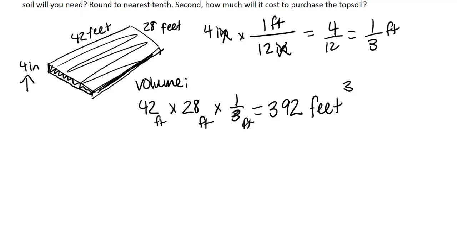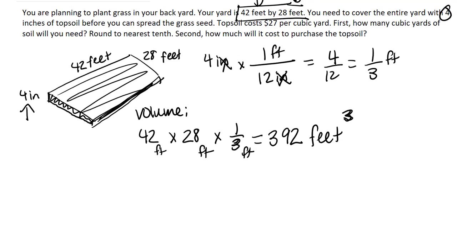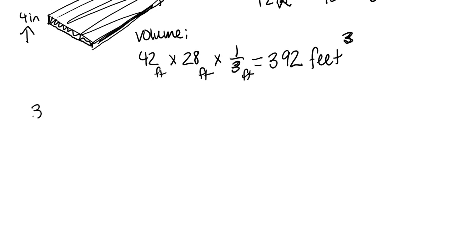So we have 3 feet, so 3 copies, so that's feet cubed. So now we found our volume. But we need it actually in yards, because we know in order to purchase topsoil, they need it in the cubic yards. So feet cubed is no help for us.